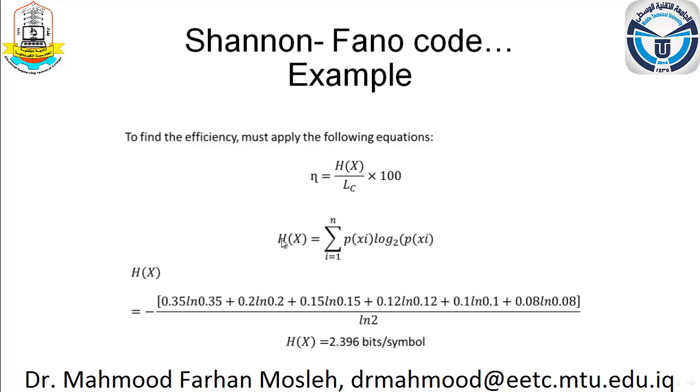H(X) means the average self information, which is calculated by this law: each probability is multiplied by the logarithm of that probability, and the terms are summed.